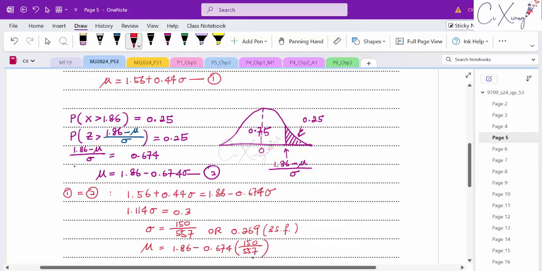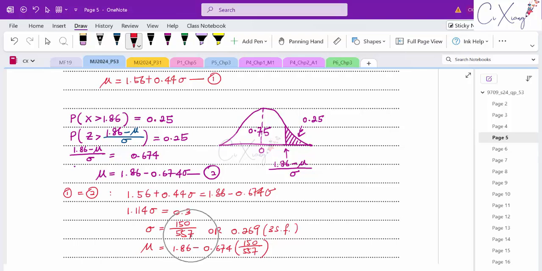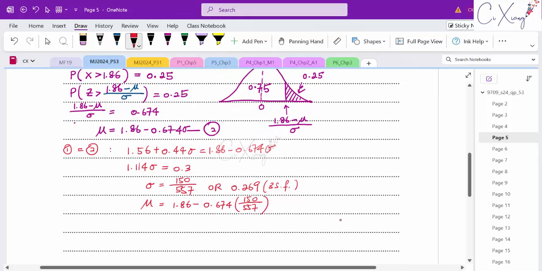This is to avoid the situation where, if you substitute the simplified answer into an equation to find the mu, there is a chance that your final answer is not as accurate as the marking scheme. So if you want to make sure you get the perfect answer, try to substitute the original value. From here you get your mu, which is also a very long value.